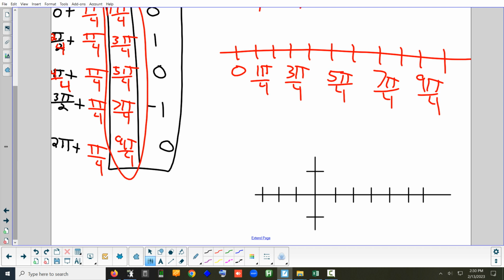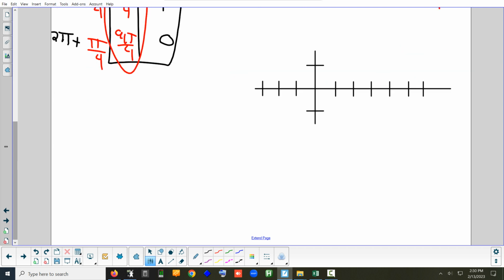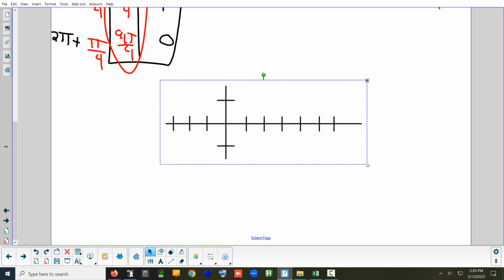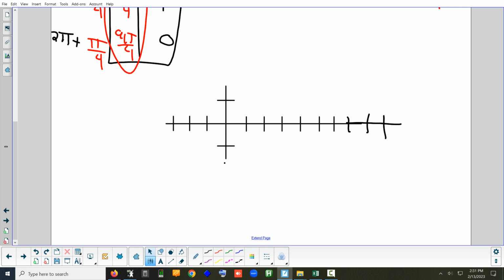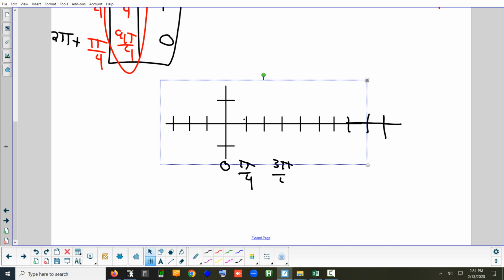Okay, so let me put, you know what, I should probably just use that other one, but this one has straighter lines. Alright, so we've got 0, 1 pi over 4. You're skipping 2 pi over 4 because you don't have a 2. Go to 3. 3 pi over 4.